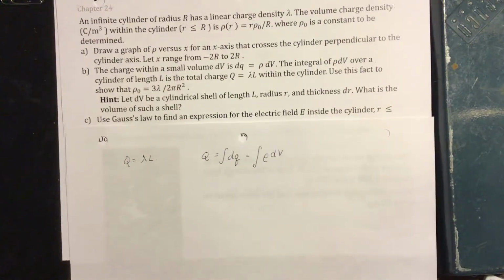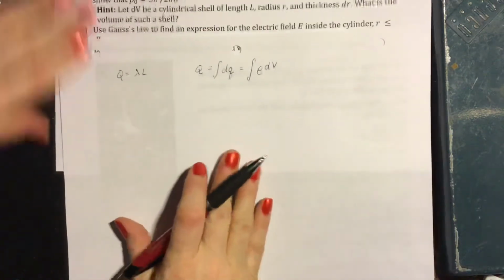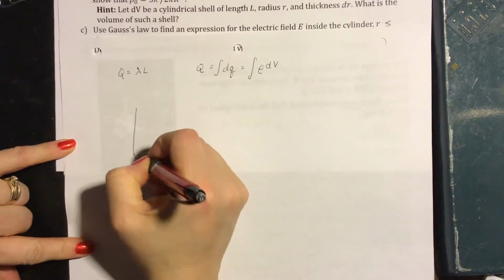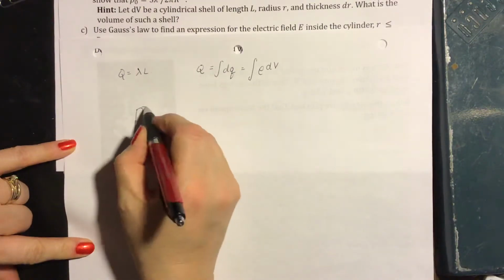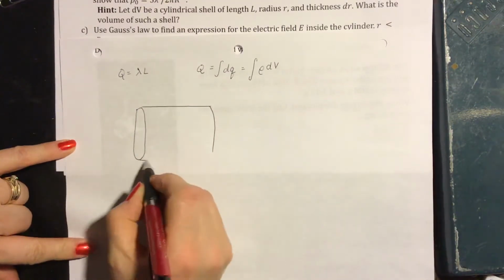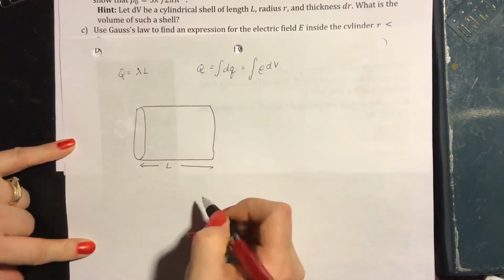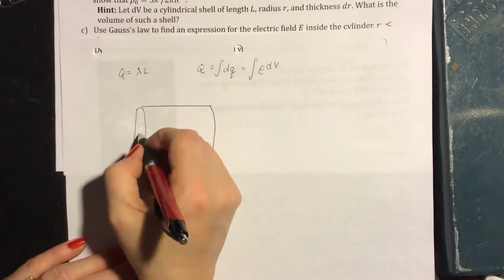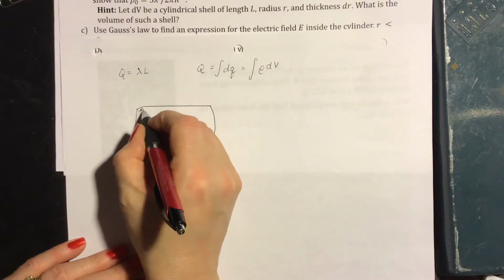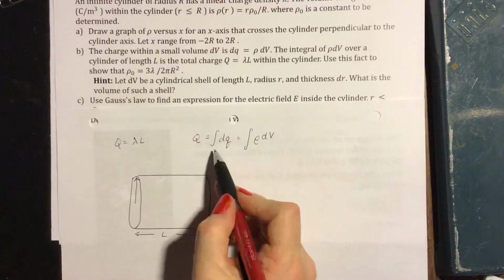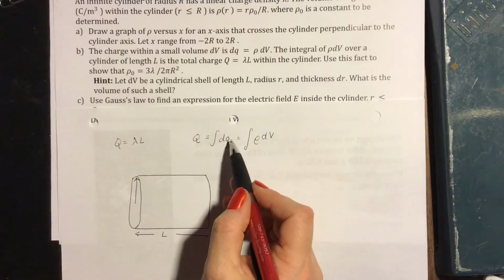So let's look at our cylinder. I'll try and draw something big enough so that we can have a look at it. So here's a cylinder. It's got length L. It's got the radius r. And we're saying that we'd get the total charge on this cylinder if we added up all of the pieces of the charge and we got them all together.